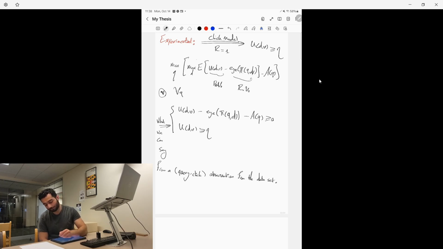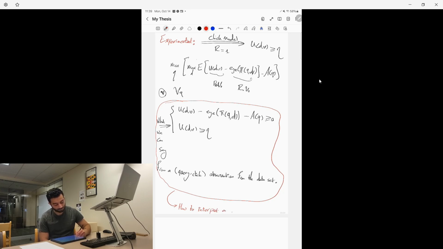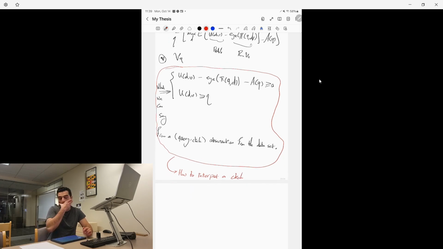This is the main part. How to interpret a click. If it is a maximization, well, this model is far simpler than a maximization. How to interpret the click is everything.